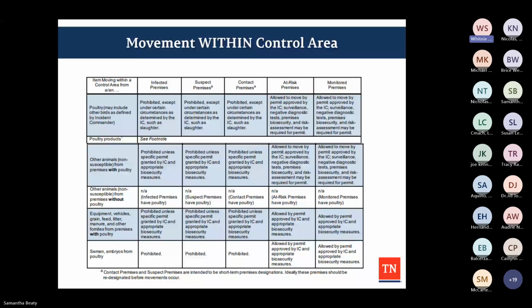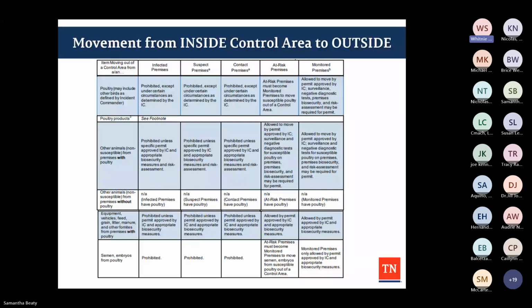Some things, just depending on the risk, where they are, we may require a permit to move it. For example, sometimes we've required that for manure or litter if they're coming from an infected farm. If it's a pretty low risk, like clean litter that's being moved, we may not require a permit, but request that we do review a biosecurity plan.